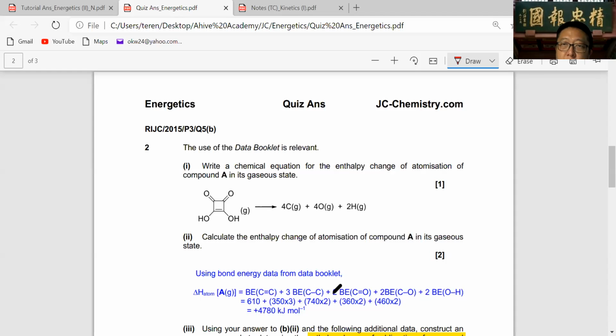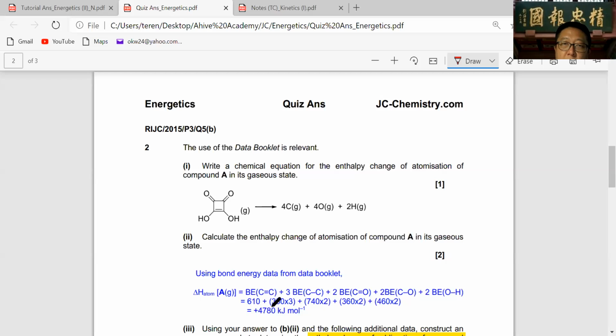Then you have your C=O bond. Here you see there are 2 of them, very obvious. Plus the single C-O bond is here, 1, 2. And O-H bonds, there are 2 here and here. So don't miss out any portion. Then you will be able to calculate the bond energy.